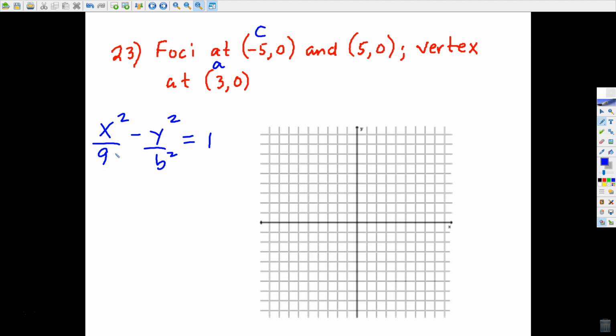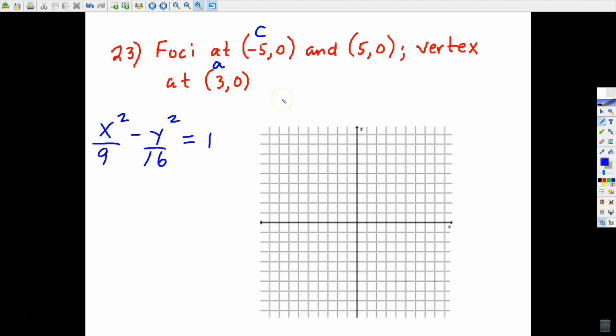And who's got b squared? 16? Everybody get 16? Any questions? The big thing is recognizing that x comes first. That's pretty crucial to writing these equations correctly.